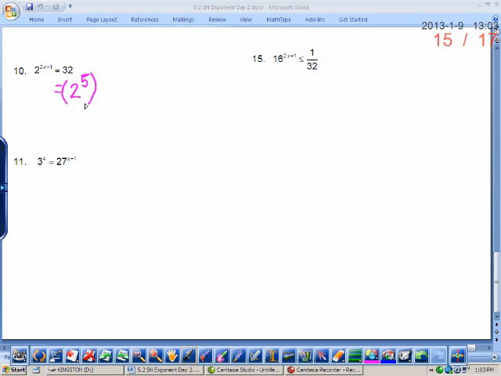If it was a larger number, how would you be able to tell? I wouldn't give you one I wouldn't expect you to know. But I do expect you to know up to like 2 to the 5th, 2 to the 6th. You should be able to recognize those. You should also be able to recognize up to 3 to the 4th, which is 81. Okay? So I would spend some time making sure you're comfortable with the powers of 2 and powers of 3, because those will come up a lot.